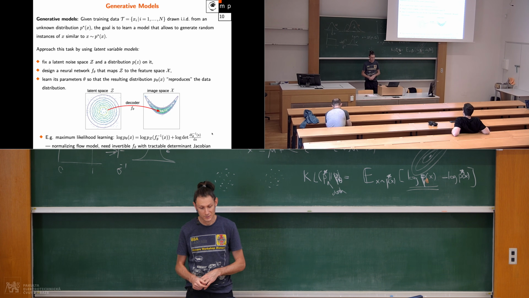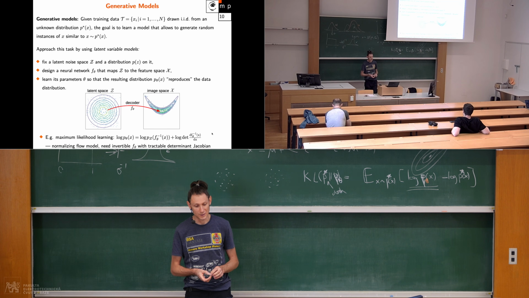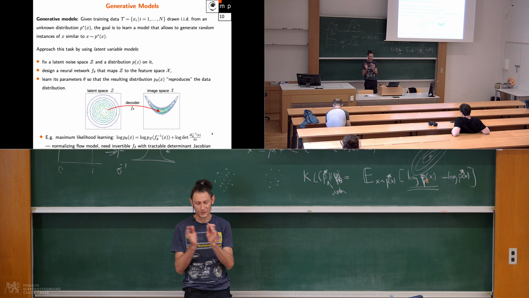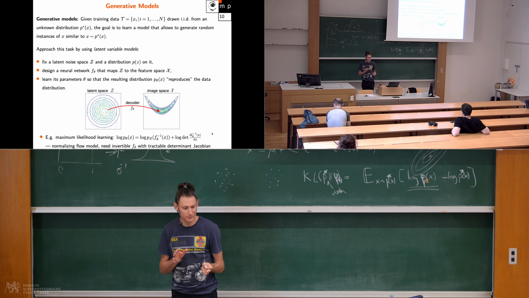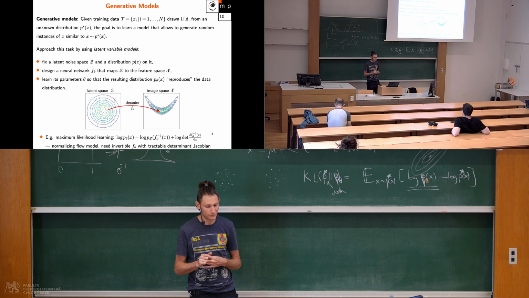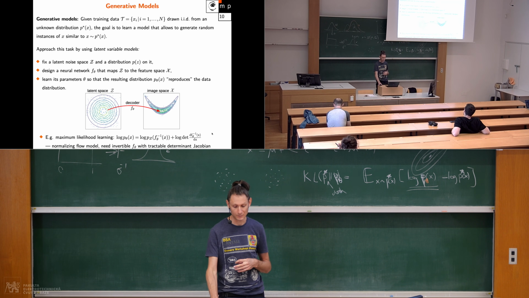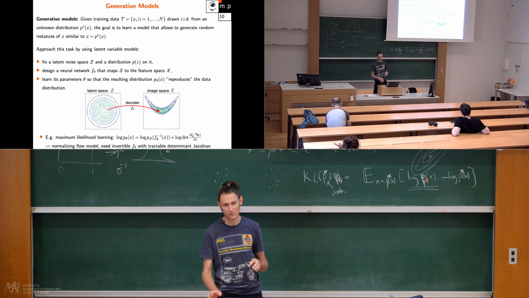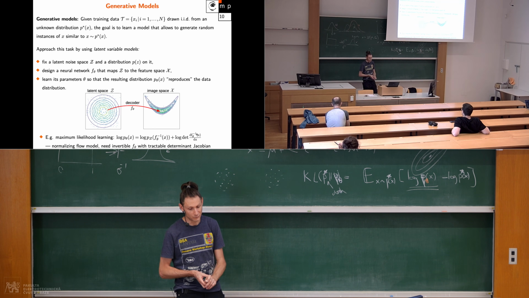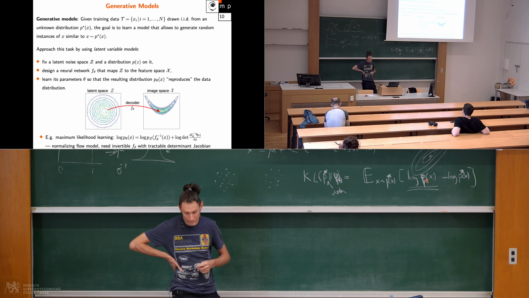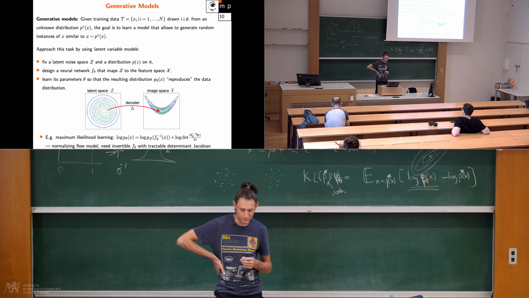This is possible with invertible neural networks, which are designed in such a way that every layer is invertible by design, and also simple enough that we can compute this determinant Jacobian without too much computational effort.